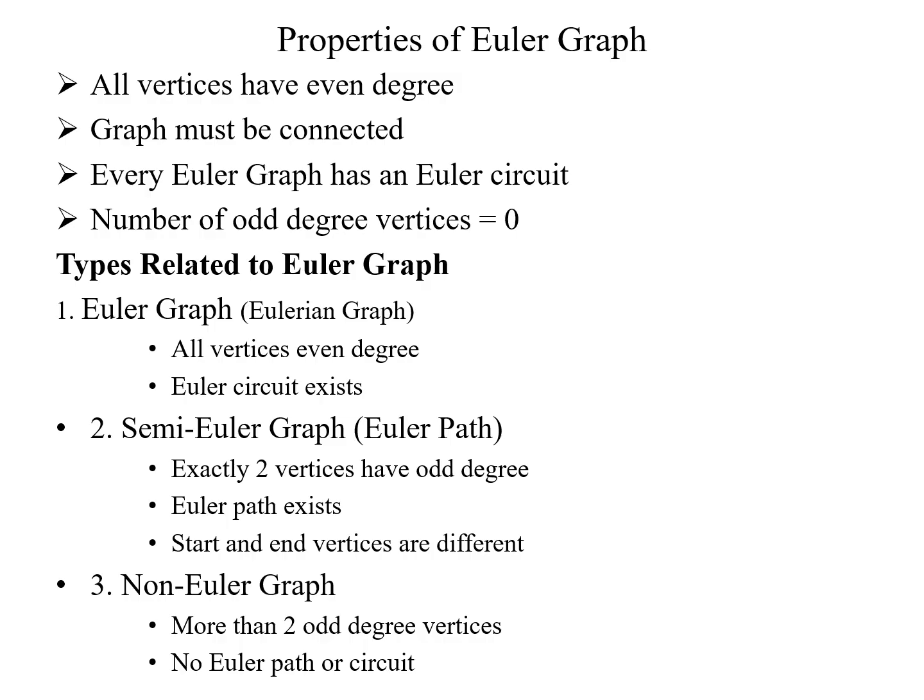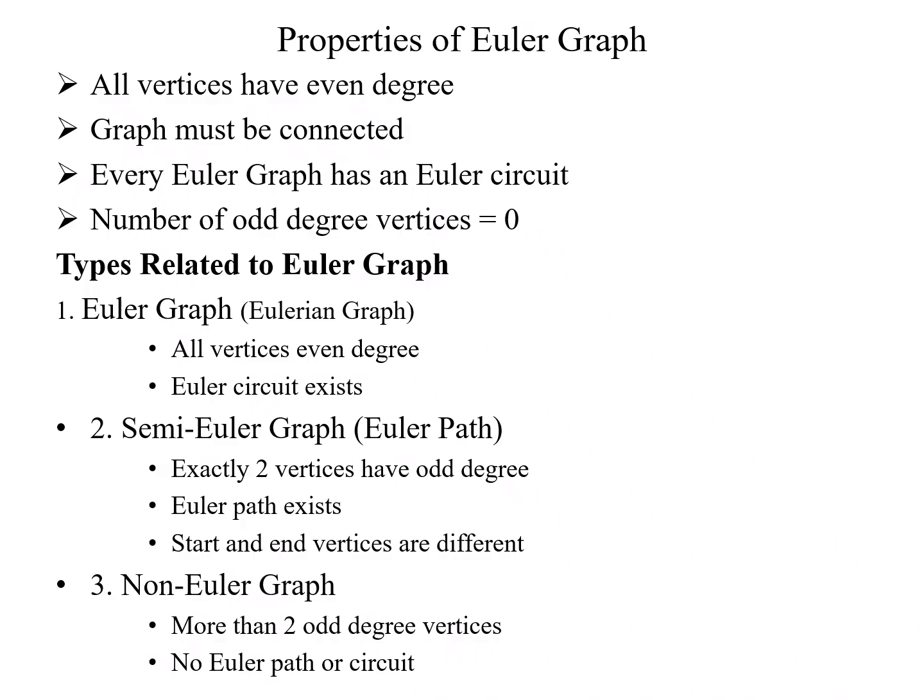Then next one, the types related to Euler graph. The first one, Euler graph. All the vertices have even degree. There is an Euler circuit in an Euler graph.